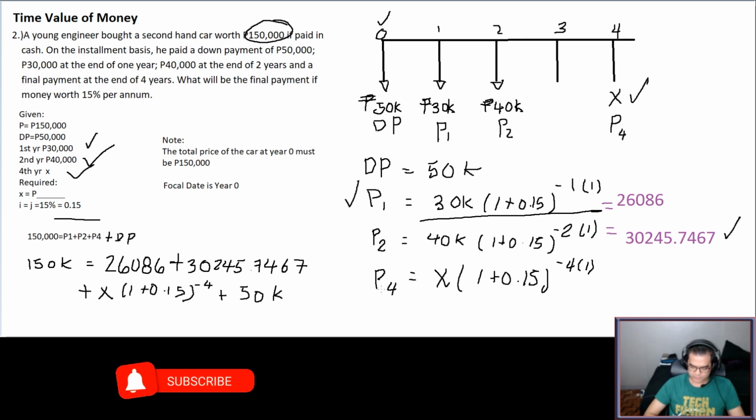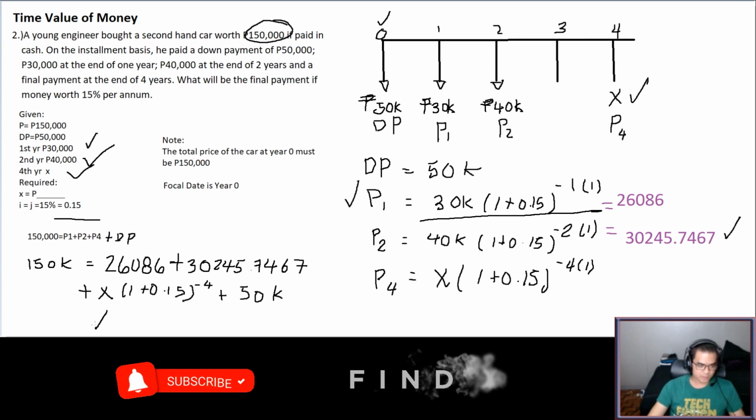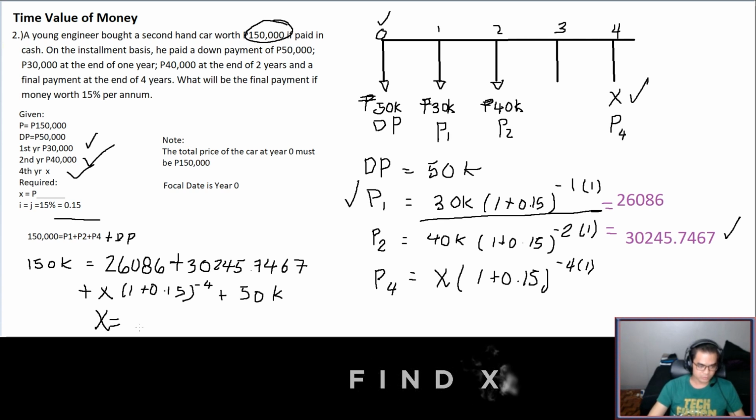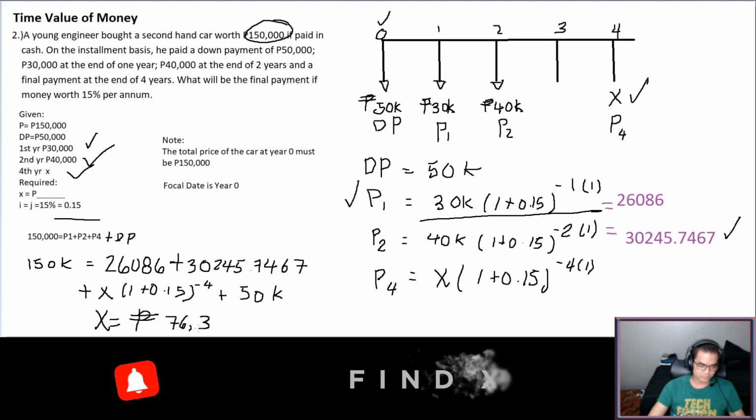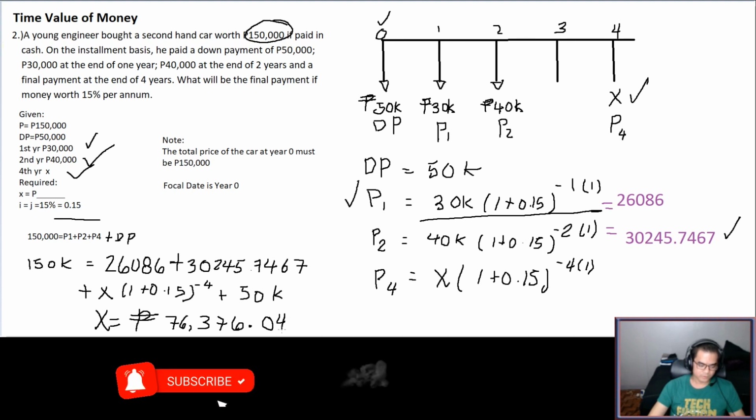You can use the function shift solve. The answer x will be equal to 76376.0480, and this will be our final answer.